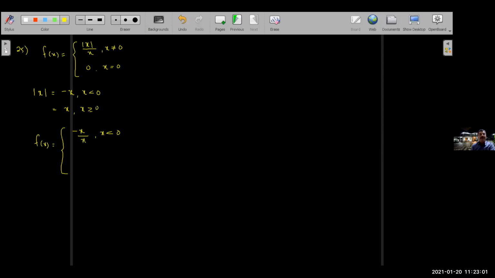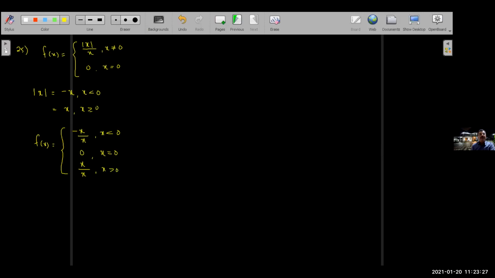It is 0 if x is equal to 0, because we are writing in a continuous way. First x less than 0, then x equal to 0, then x more than 0. If x is more than 0, modulus x becomes x. So x by x.